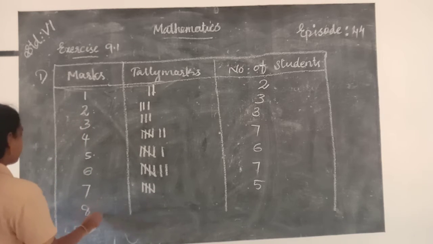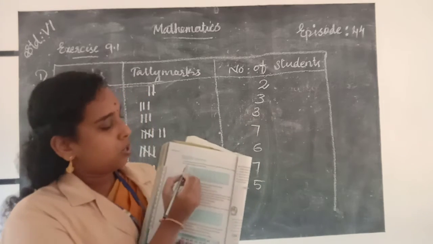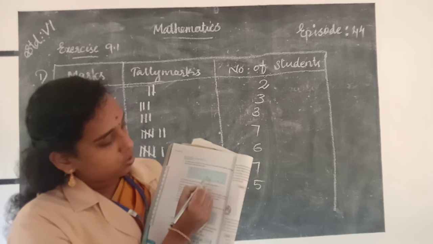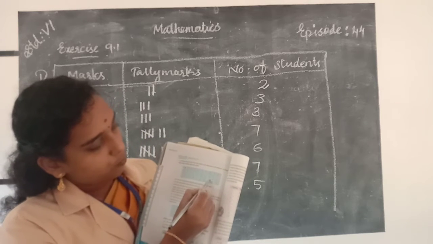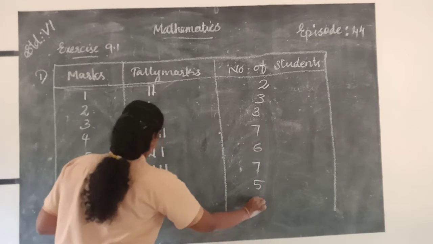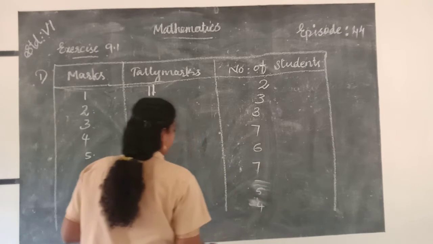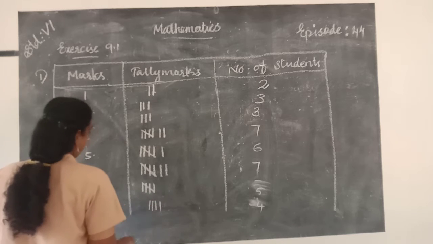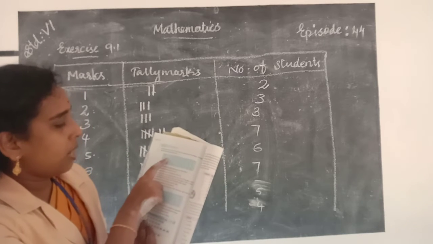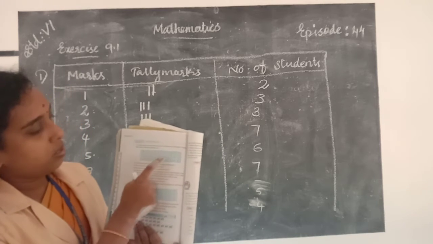Then the number of students who obtained 9 marks is 1, 2, 3.